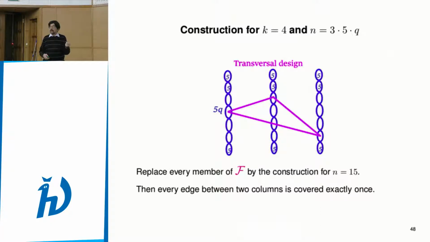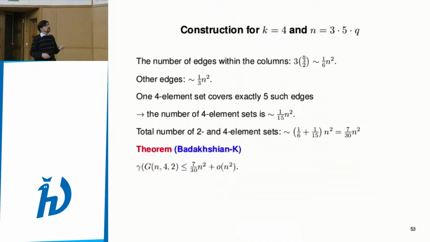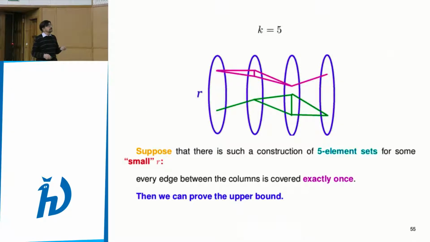So you take transversal design for the r element subsets, and then plug in the small construction. So this is the goal and hope that there is such a construction, not only for k equals 5, but for any k. But we were not able to find it. It's getting too complicated.